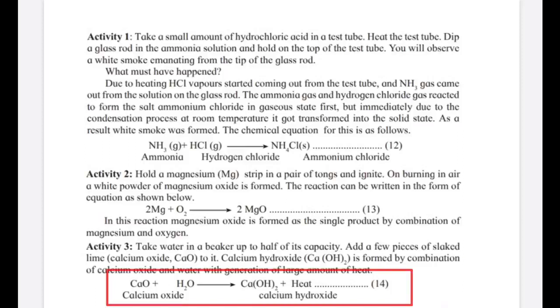Example number 2, calcium hydroxide is formed by combination of calcium oxide and water with generation of a large amount of heat. It is given as CaO plus H2O giving you Ca(OH)2 plus heat.